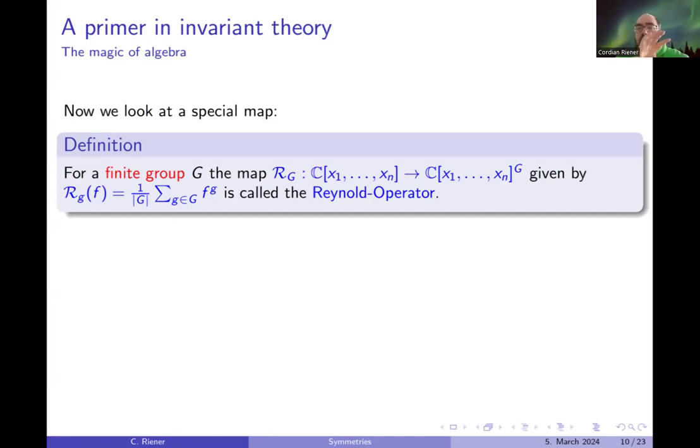I sum all of the orbits that I get in this way. So I take the sum over all the elements that are in the G orbit of my original polynomial f. And at the end, I just divide by the cardinality of the group. So I average over the group action. Okay. So this is called the Reynolds operator.